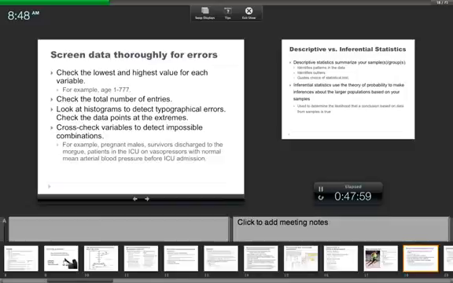After you record your data, you have your spreadsheet. One easy thing to do is to sort it, look for any missing data, and check the lowest and highest value for each variable.